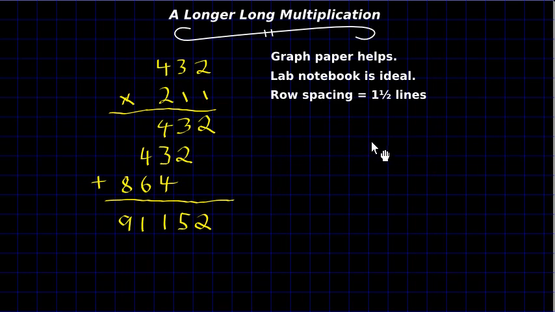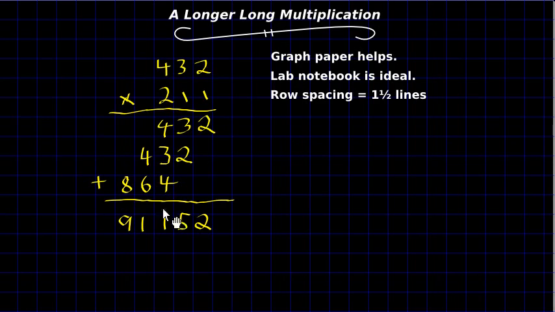And the point is that the graph paper is supposed to help you. It's not supposed to constrain you. If the vertical lines are helping, use the vertical lines. If the horizontal lines are not helping, skip a line and a half each time. You've got plenty of people in this world trying to make you color inside the lines. I'm here to tell you that sometimes it helps to color outside the lines.